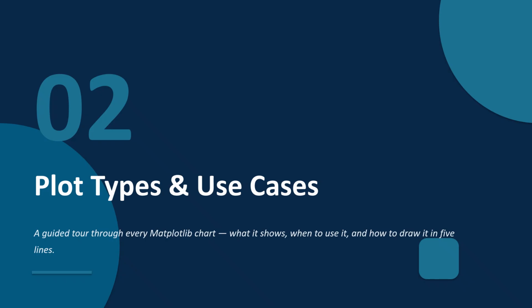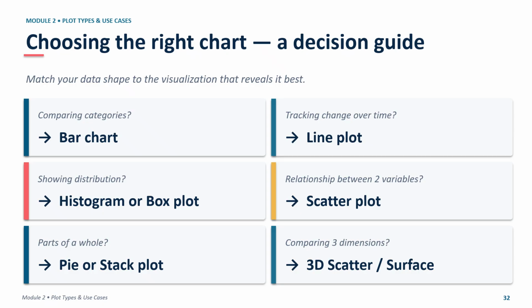Think of this lecture as giving you a visualization vocabulary, just like a writer needs more than one word to express his idea. The data scientist needs more than one chart type to communicate data stories. So let us get started.